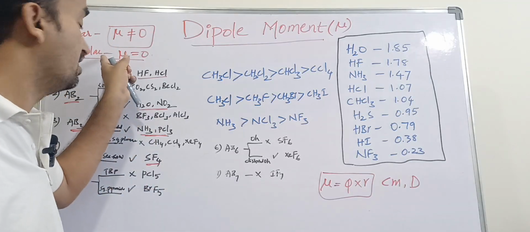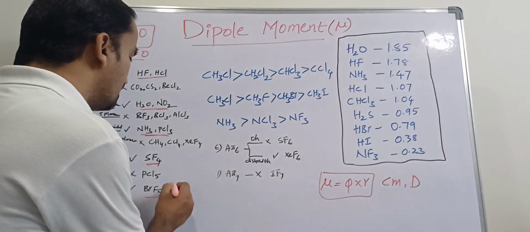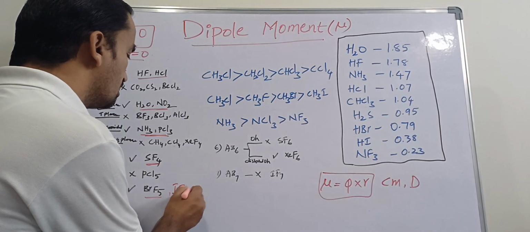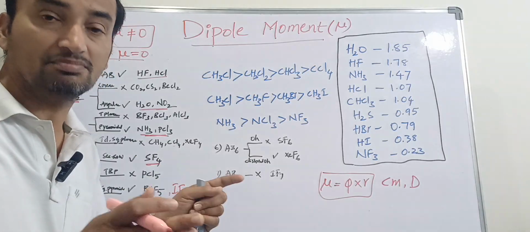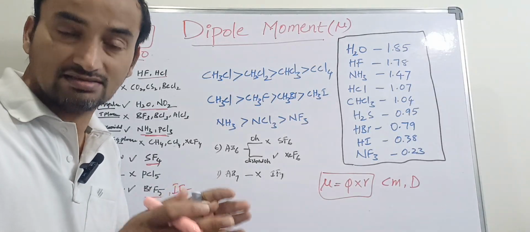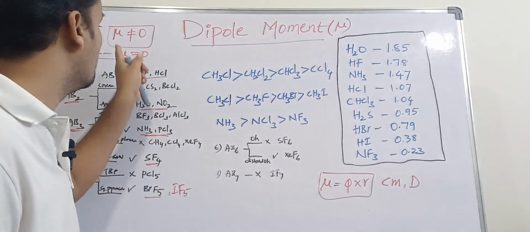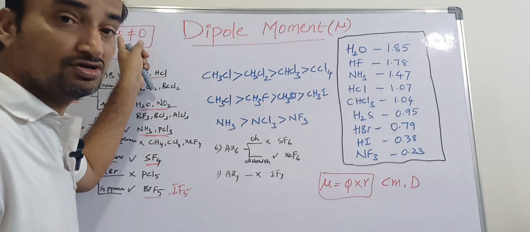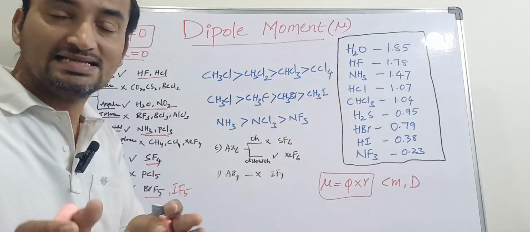Hence it is non-polar. Whereas in the case of BrF5, or you can say IF5, etc., the molecules are in square pyramid shape, so there will be some net dipole moment. So the net mu is not equal to 0. Hence it is polar. Okay, is this clear?